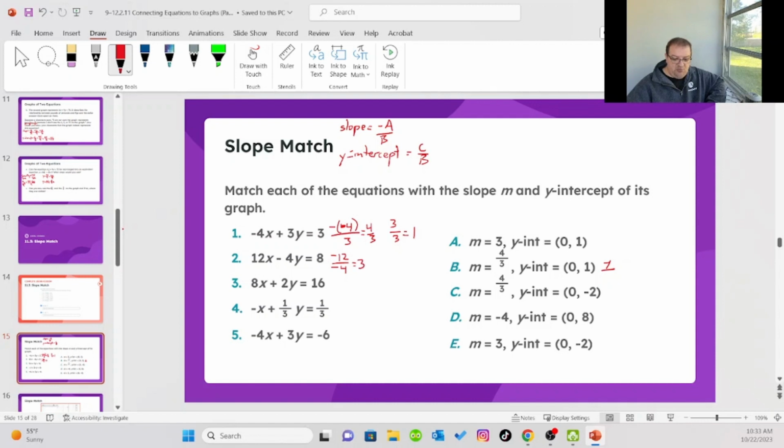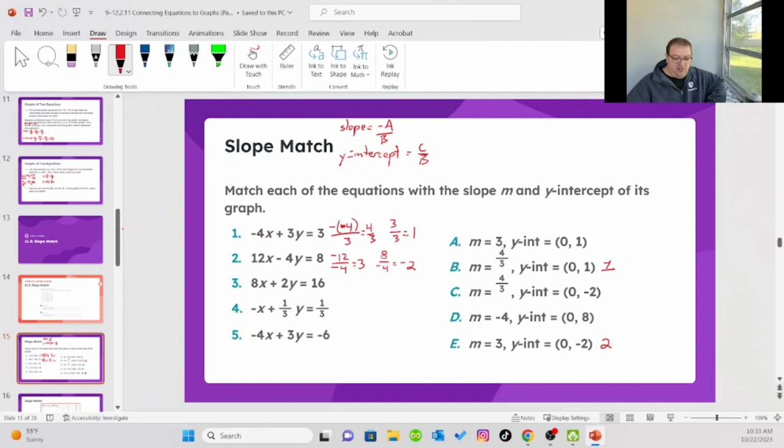So this has to be A or E. Now I can look at my intercept, which is going to be 8 divided by negative 4. A positive divided by a negative is a negative, and 8 divided by 4 is 2. So I need a slope of 3 and a y-intercept of negative 2. That's choice E, so that must be number 2.